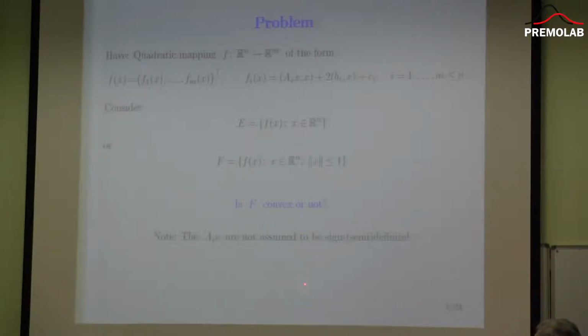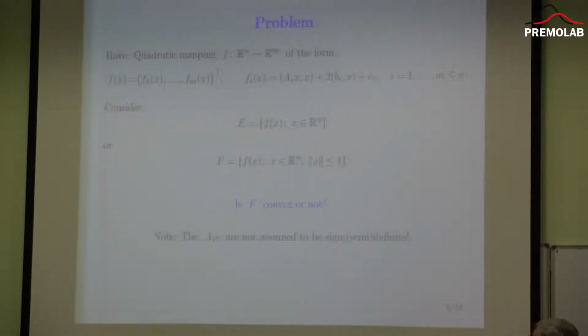And there are two versions. One is when what is of interest is the image of the entire space, and in the second case it's the image of a ball, for simplicity a unit ball. So remember that we denote by E the image of the entire space, and by F the image of the unit ball.